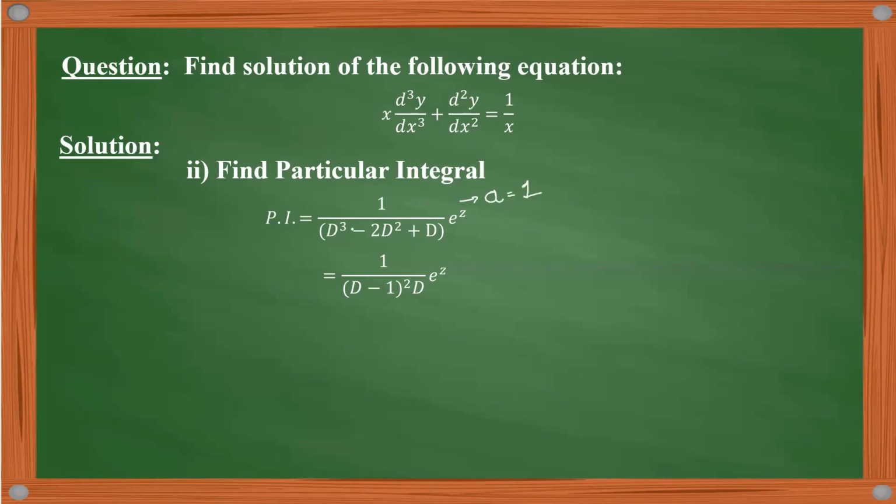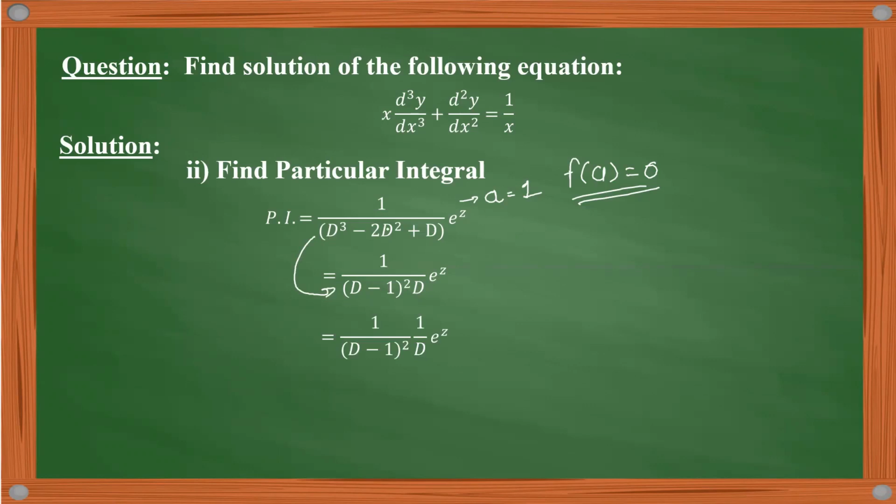So if we replace this by 1, we get 1 minus 2 plus 1, and that is 0. So it is a case particularly for f(a) equal to 0. Now in this case, we will apply this formula. We can just factorize this equation into d minus 1 square into d into e power z.